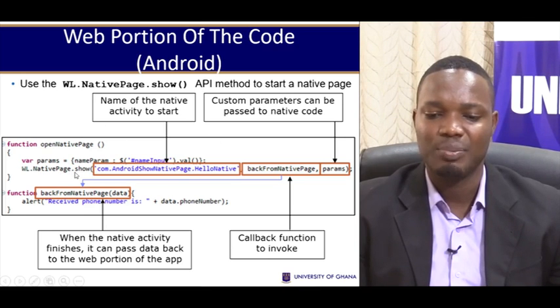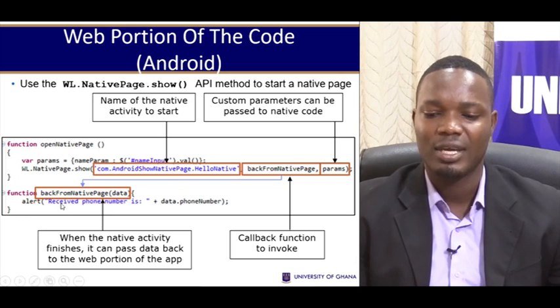Using the API provided, we pass in the name of the activity to be started. So in Android, a web or a native page is an activity, and so we need to pass in the name of that activity to be started. Then the custom parameters that can be passed to the native code are also put here in the parameters.